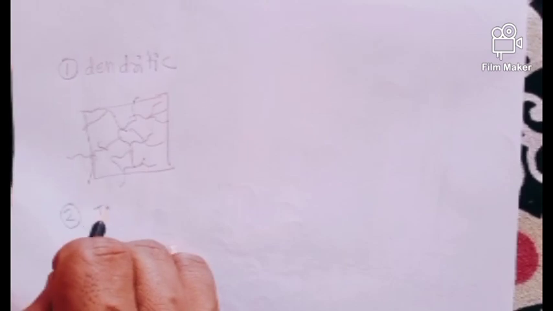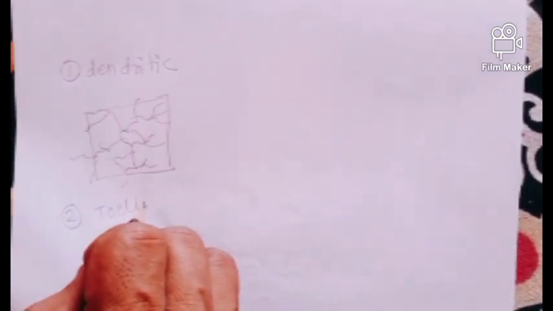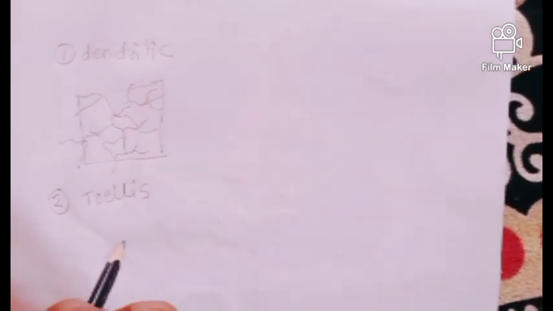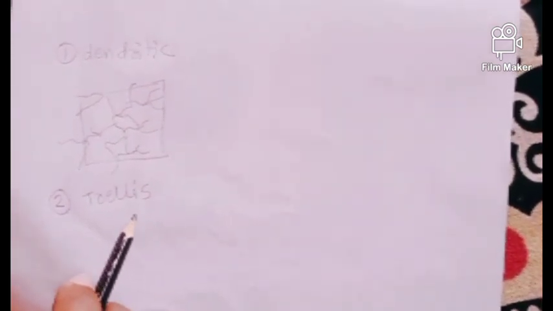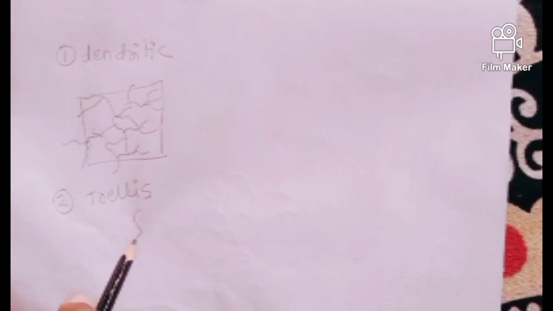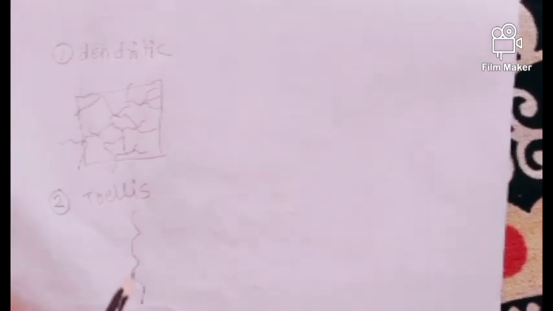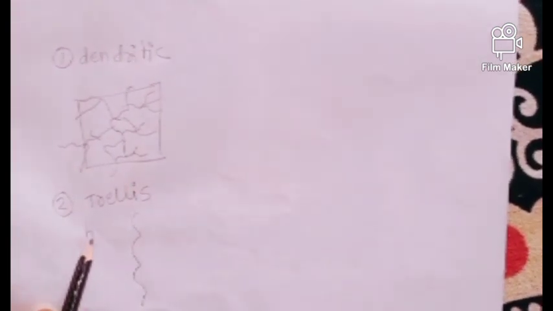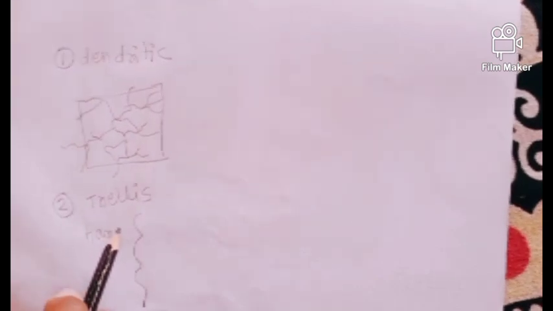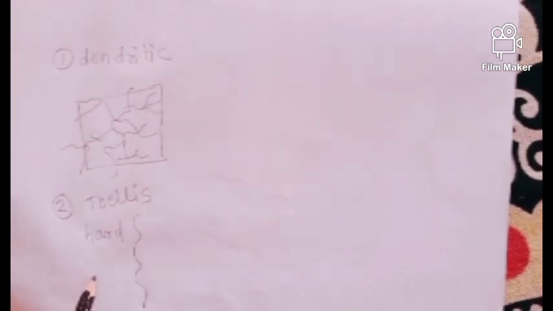Second, we learned about the trellis, or it is also called rectangular. In this case what happens? As the main river is continuously flowing, there are some hard rocks and some soft rocks.